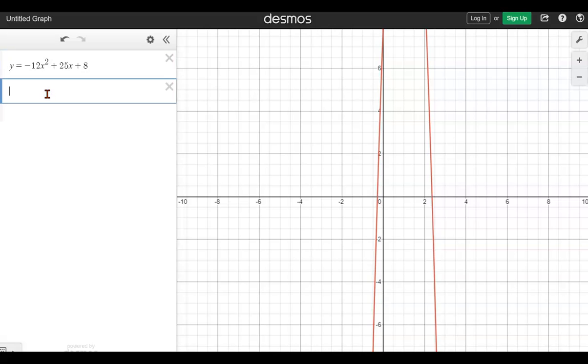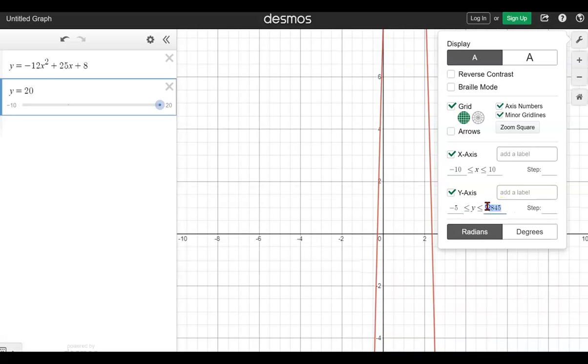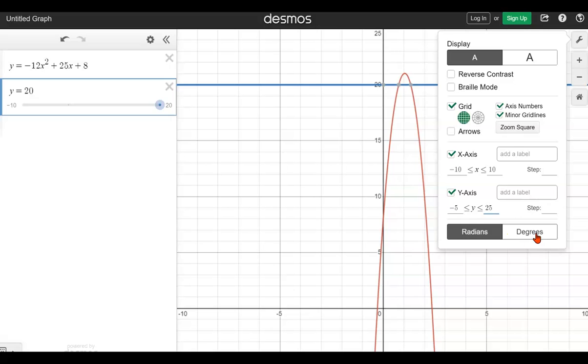And the right side is y equals 20. Now, to change the window settings, click here, graph settings. Let's use from negative 10 to 10 for the x-axis. For the y-axis, since our y is 20, for us to see that, maybe let's use from negative 5 to 25.